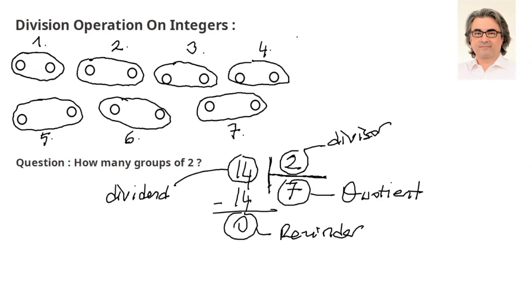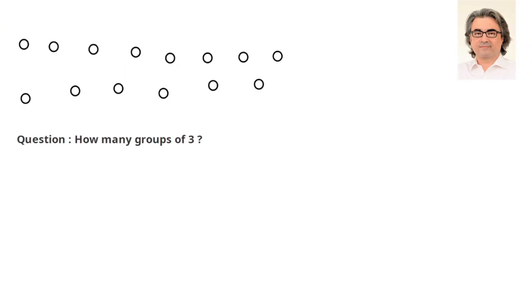Now let's continue with the next page. On the next page, again, I have these 14 circles. But the question now: how many groups of 3 should I make? I should prepare groups. In each group, the number of circles should be 3. Now let's make the groups.